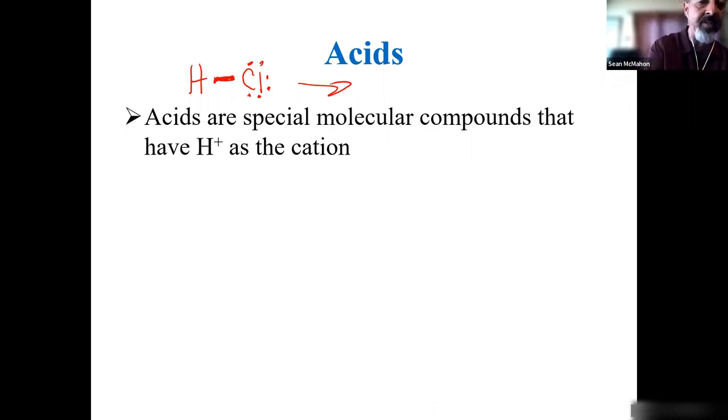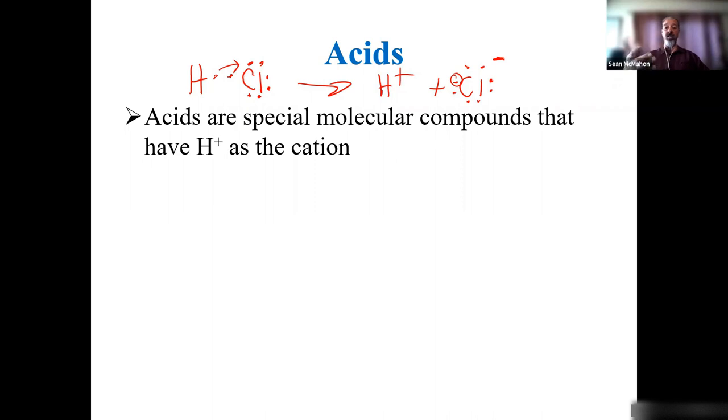So what happens is chlorine, when I throw this in water, steals hydrogen's electron, and it forms the chloride ion. So why is it the chloride ion? It stole the electron from hydrogen, and hydrogen forms a proton, or the cation hydrogen ion.